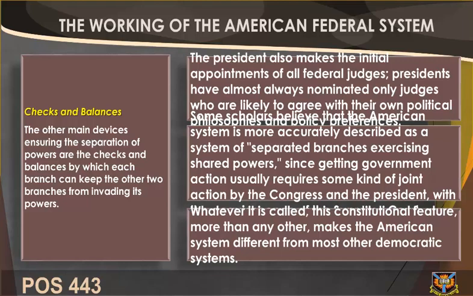Some scholars believe that the American system is more accurately described as a system of separated branches exercising shared power, since getting government actions usually requires some kind of joint action by the Congress and the President with the acquiescence of the Supreme Court. Whatever it is called, this constitutional feature, more than any other, makes the American system different from most other democratic systems.